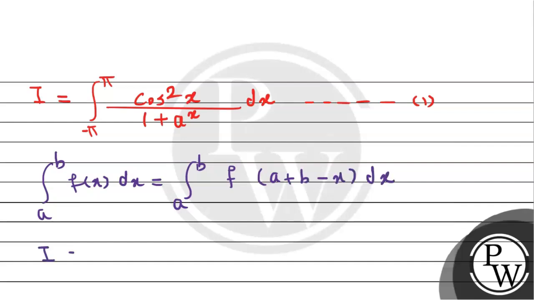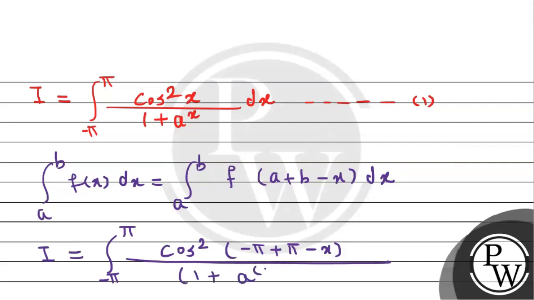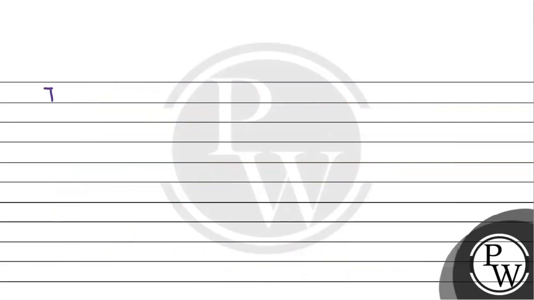So according to this property, our integration will become integration from minus pi to pi of cosine square of minus pi plus pi minus x, divided by 1 plus a to the power minus pi plus pi minus x, dx.